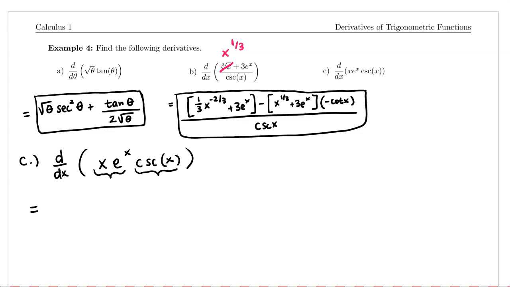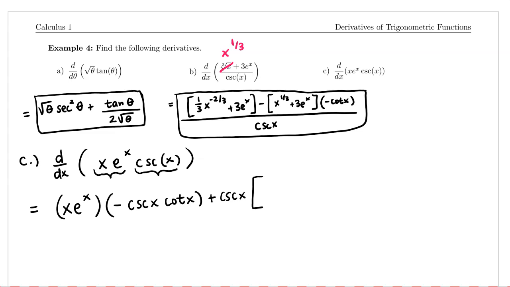So we have the first function times the derivative of the second function, which we did earlier. That was negative cosecant x times cotangent x, plus the second function times the derivative of the first function, and there I'm going to need to use product rule again.